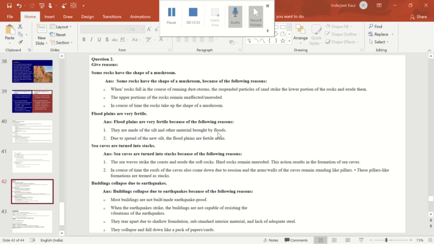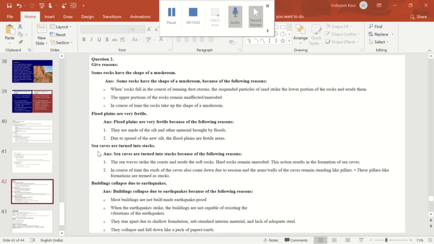The soil of the mountain is very rich in humus and silt. So, due to the spread of new silt every year during the floods, that soil is renewed with the silt and humus from the mountains. So, due to the spread of new silt, the floodplains are fertile areas.